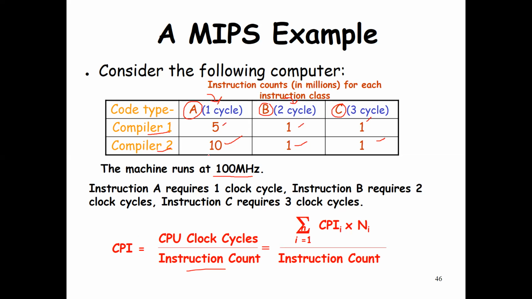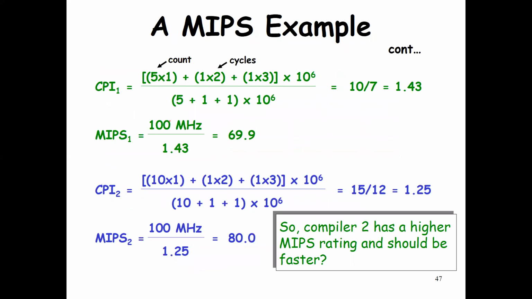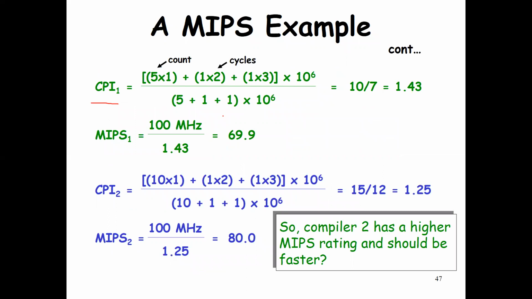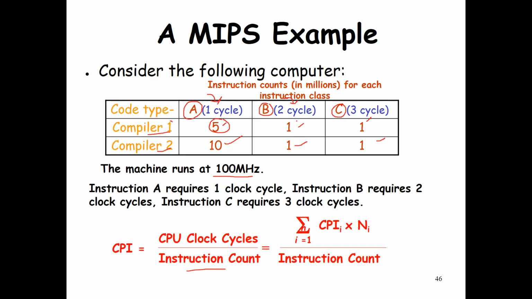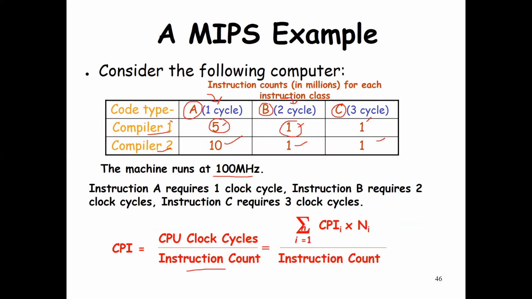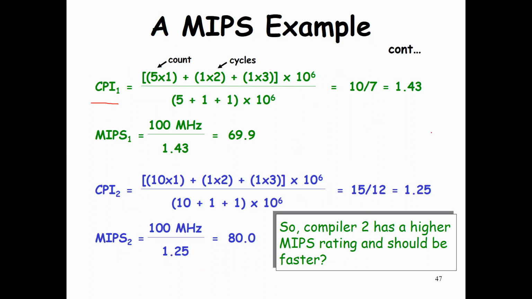So what is the CPU clock cycle for the first program? For the first program, CPI 1 is calculated like this. There are 5 instructions which need 1 clock cycle, so 5 into 1, plus 1 into 2 for the instruction needing 2 clock cycles, plus 1 into 3 for the instruction needing 3 clock cycles.